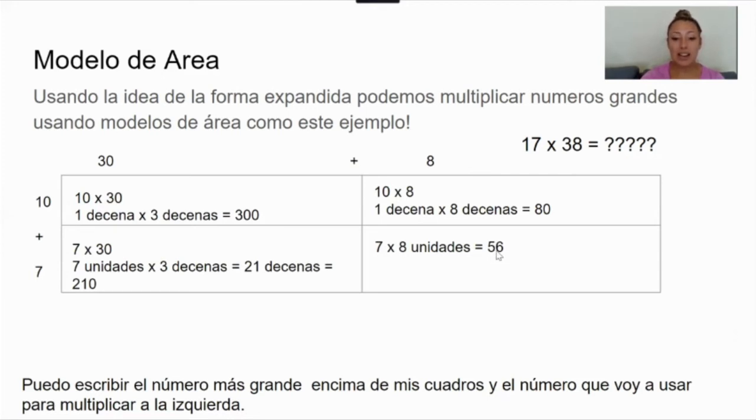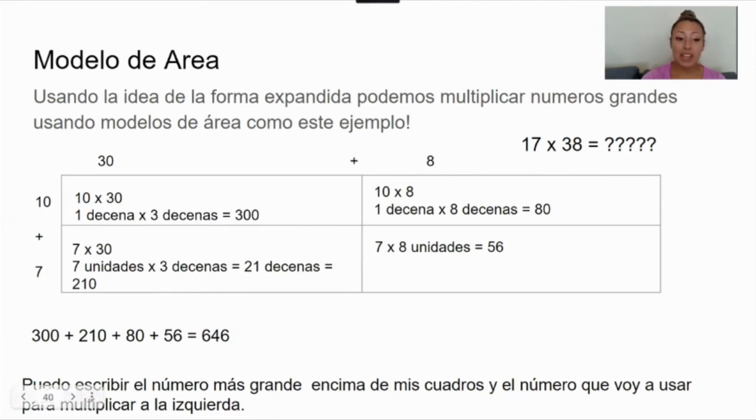Para terminar, tengo que sumar todos los productos parciales que están aquí de 300, 210, 80 más 56 para hallar la respuesta al problema de multiplicación original, 17 multiplicado por 38. Después de sumar mis productos parciales, usando mi modelo de área, tengo mi respuesta final, 646.